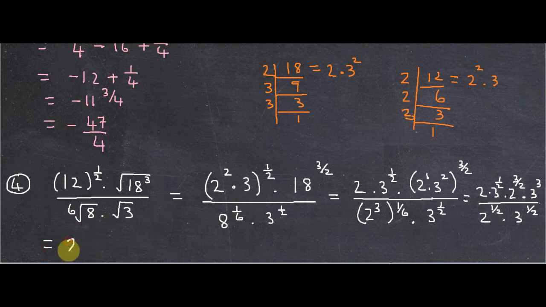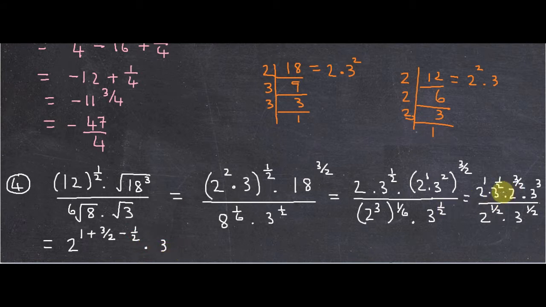So let's first consider the 2's. This is 2 to the 1. So it's going to be adding the powers. We're going to get 1 plus 3 over 2, and then minus the power in the denominator, so it's minus a half.